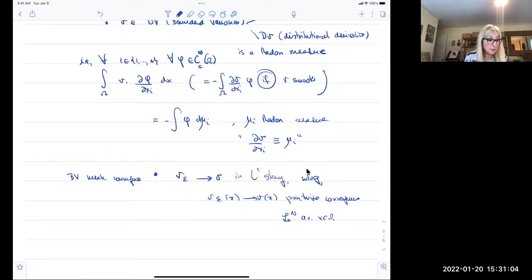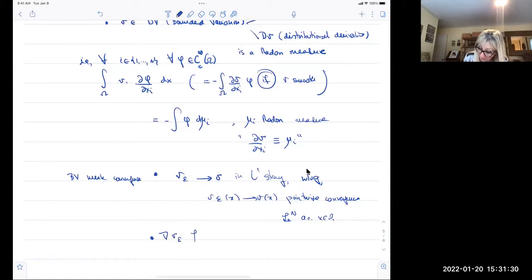And it means that, if you wish, if I look at the gradients, again, I don't want to go too much into detail. If I look at the measures which have density grad v_epsilon, which is a real gradient, these are nice functions, Sobolev functions.